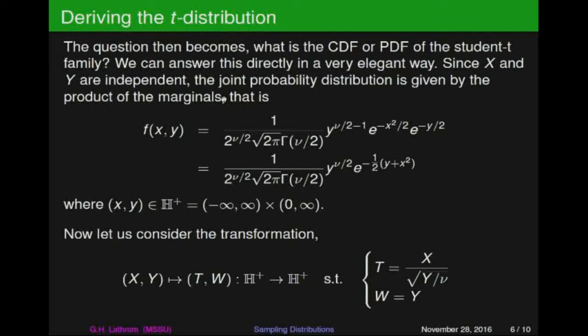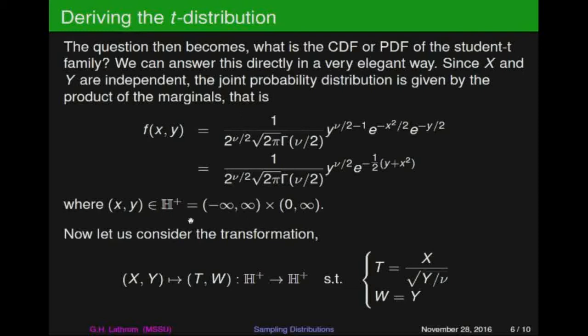Now we have X and Y are independent. The joint probability distribution, because they are independent, is going to be a product of the marginals. And so that tells us that f of x y is going to have this kind of expression here. We can put the exponentials together. And so this is going to be defined, since X is going to take on any value because it's normally distributed, so we have minus infinity to infinity.